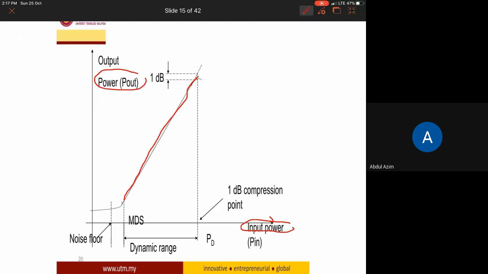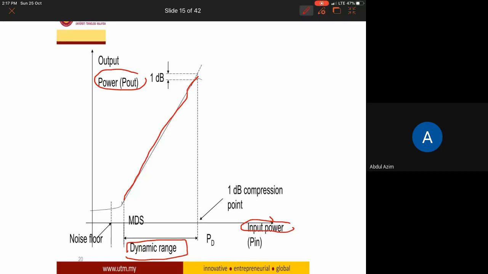If positive it is gain, if negative it is loss. So this is the linear region. This linear region is what we call the dynamic range, which is the definition of a linear power output that is linearly proportional to the power input.